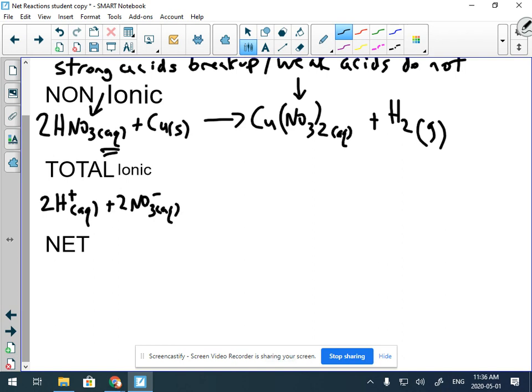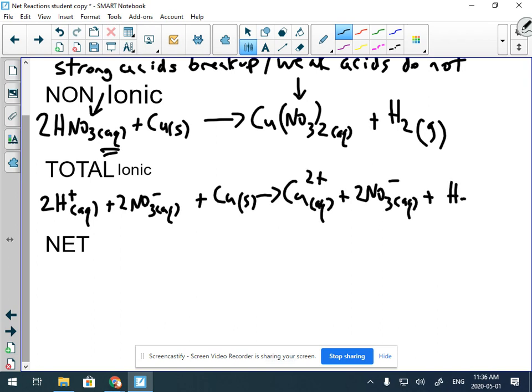Okay, so we're using the Arrhenius method to break this apart. Normally we would react that with water to make hydronium. This is just a shortcut. Okay, and we have copper. This has to break up based on rules of the aqueous substances to nitrates and hydrogen gas.